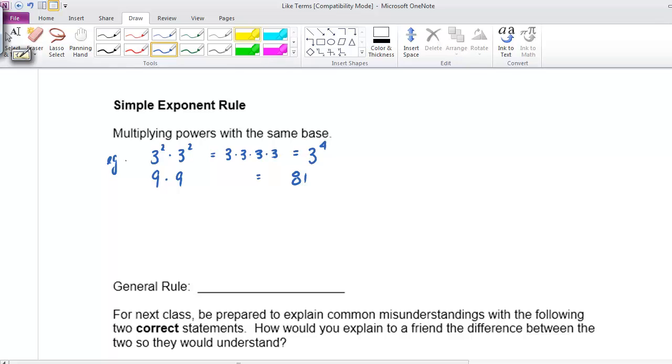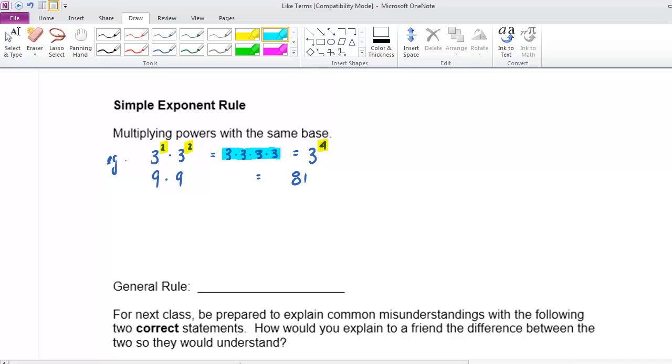So one of the things you learned in grade 9 was when you multiply powers with the same base, it turns out that you simply add the exponents. So here's the really quick version. By the way, the middle step here is called the extended form, and that's always a good way to do exponent rules.